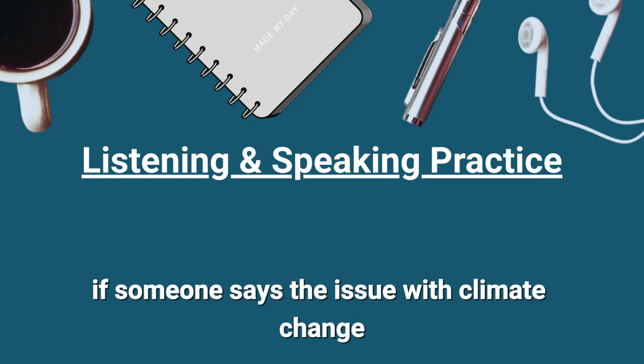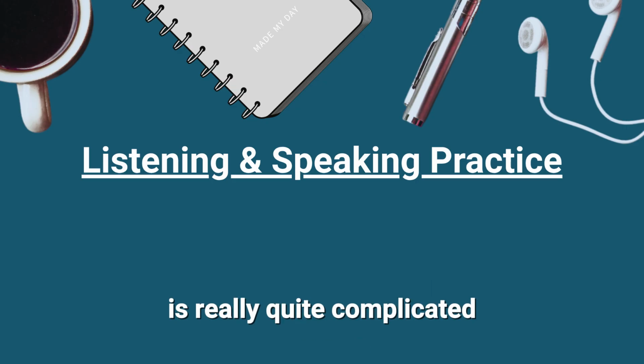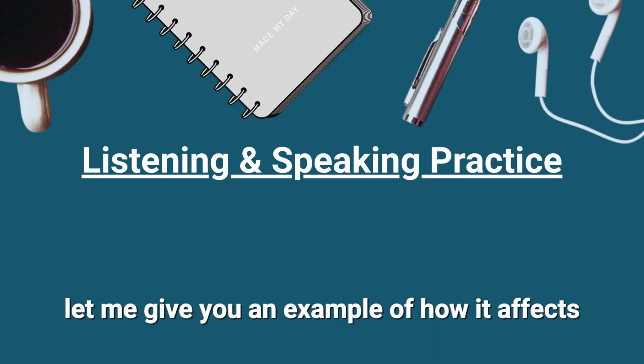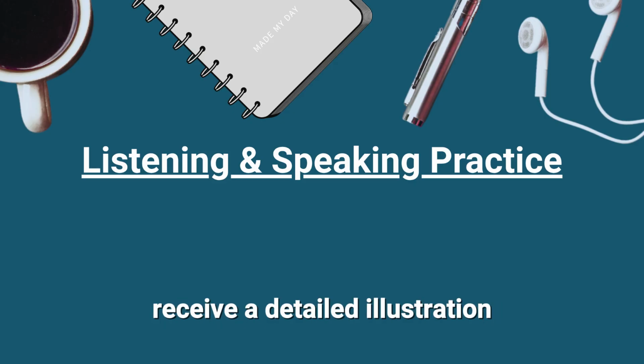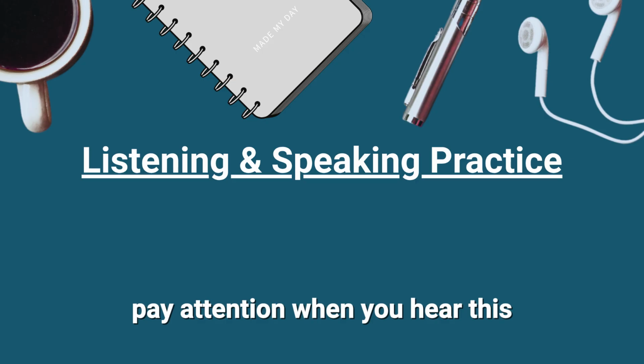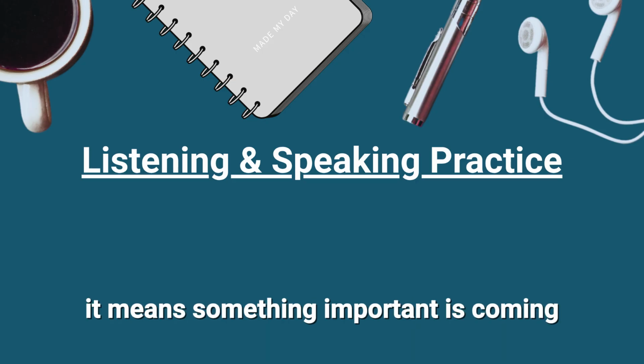If someone says, "The issue with climate change is really quite complicated. Let me give you an example of how it affects everyday life," they're preparing you to receive a detailed illustration. Pay attention when you hear this. It means something important is coming.